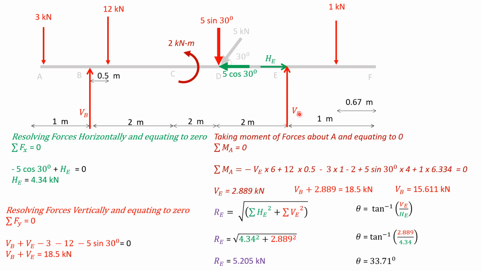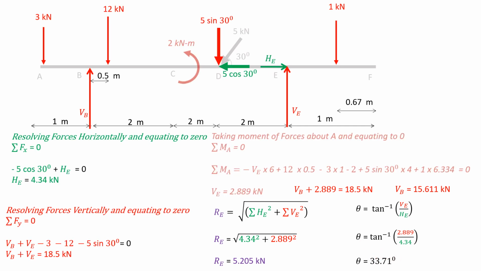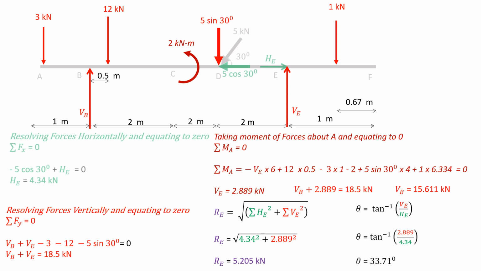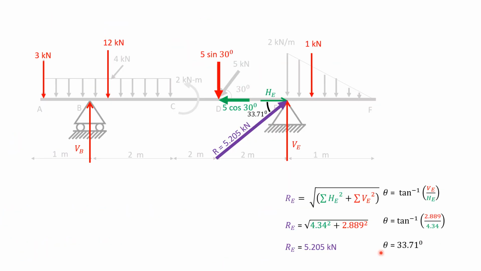Here we got VE and HE. We have to calculate RE. We can get RE by square root of summation HE square plus summation VE square. We get RE value. Theta we get by tan inverse of VE by HE. So we got RE and theta.